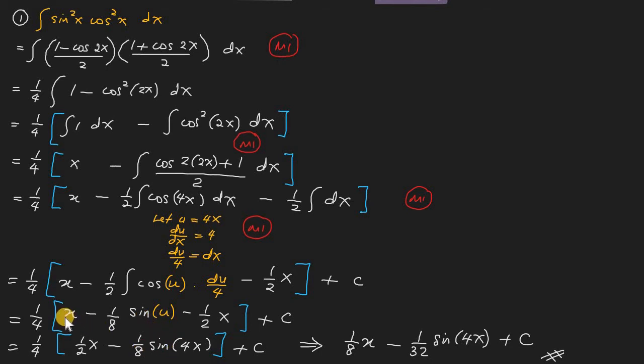Alright, and here we can see there's an x minus half x, so it is 1 on x. So we replace u back into x. So we integrate all, maybe there's a mark there, and then A1.